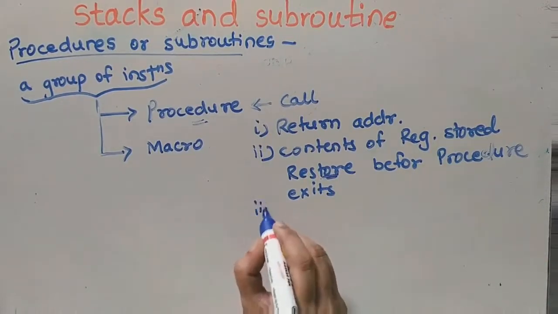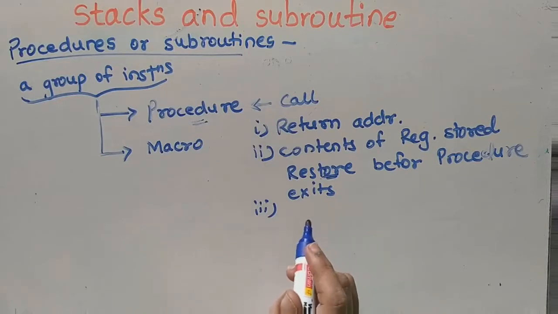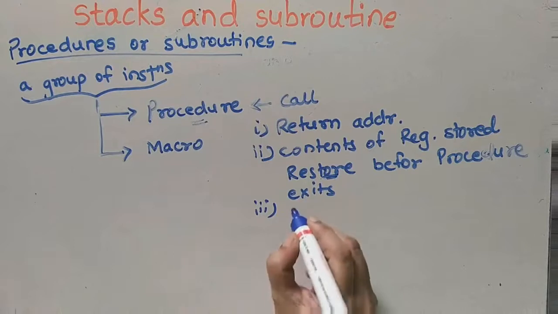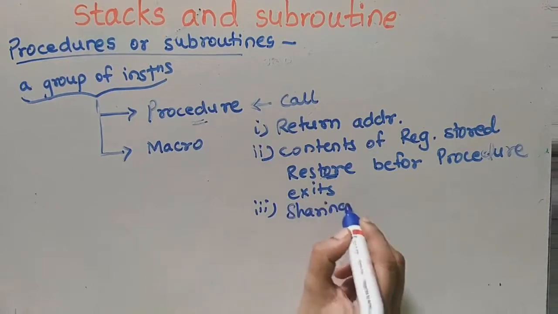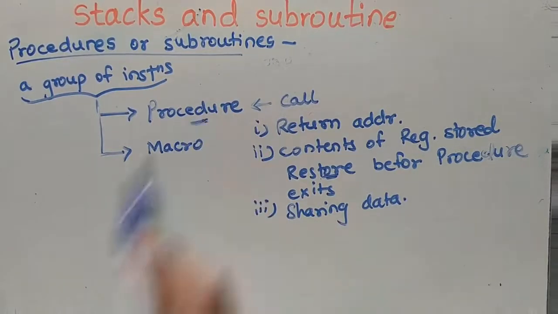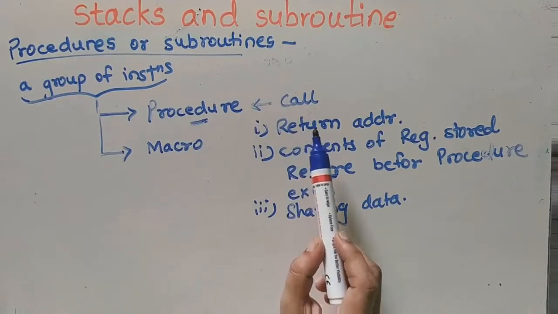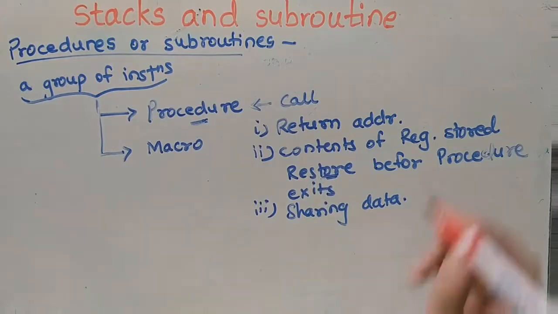And the third point is that a procedure must have a means of communicating or sharing data with the routine that calls it. So sharing of data is an important concept in case of the procedure. Now this first requirement is met by the call and return branch instructions.